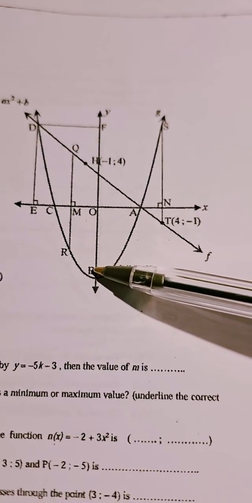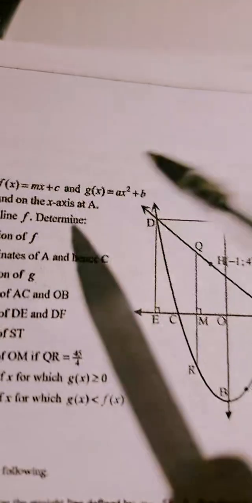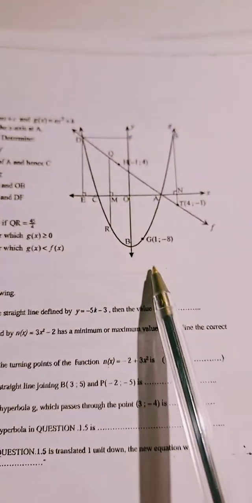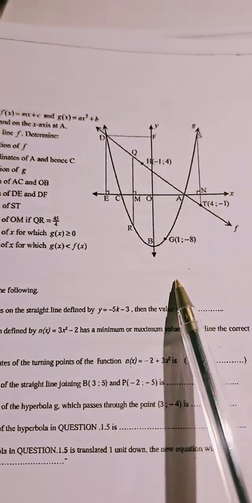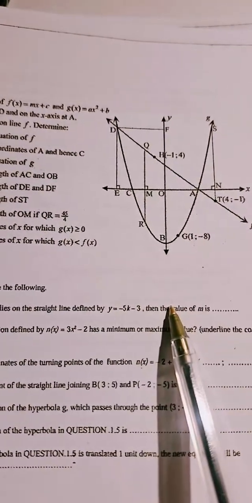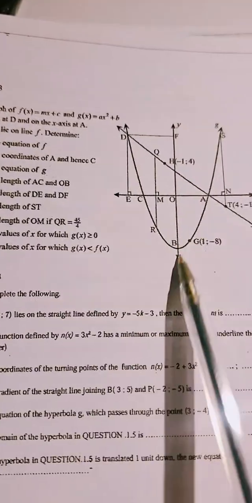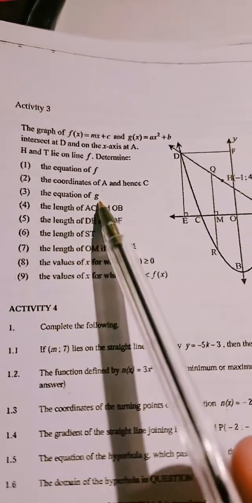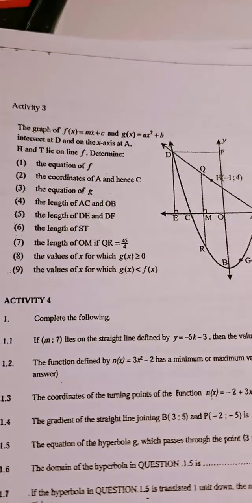So this form represents such. I hope that's clear, guys. The y-axis, the line x is equal to 0, is the axis of symmetry, which therefore has the y-intercept and the turning point.